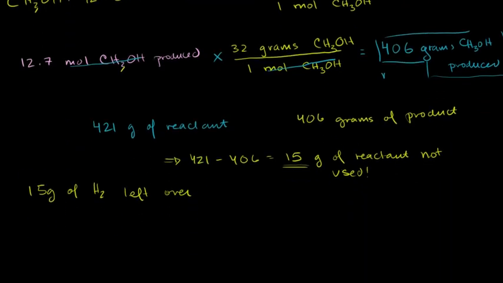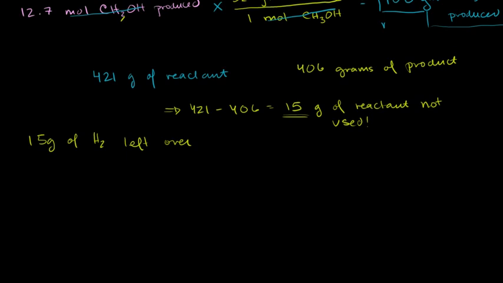Let's do that. I just want to make sure you understand. So we're starting off with 12.7 moles of carbon monoxide, and we know that 2 moles of hydrogen are required for every 1 mole of CO, carbon monoxide.